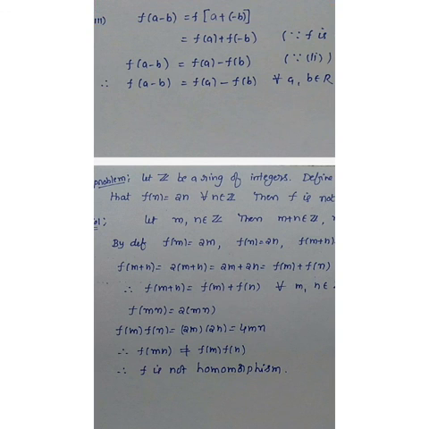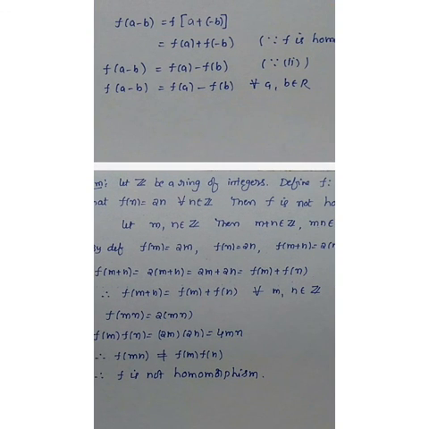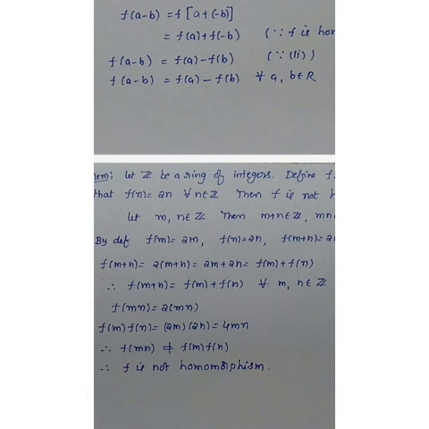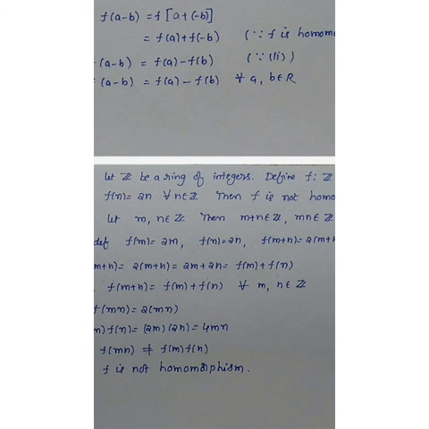So the problem is, let Z be a ring of integers. We know what the integers are, and the mapping is Z to 2Z, where Z means integers and 2Z means even integers. The function f from Z to 2Z is defined as f of n equal to 2n. Then this mapping is not a homomorphism.